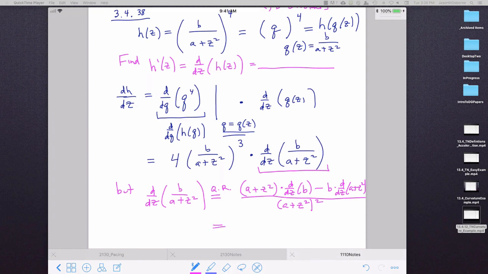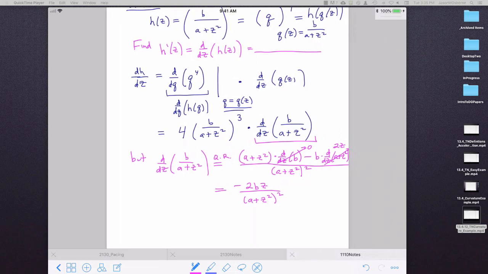Okay? But the derivative of a constant is 0. The derivative of this is just going to be 2z. So the derivative of the inner function required a quotient rule. It's going to be minus 2bz over a plus z squared squared.